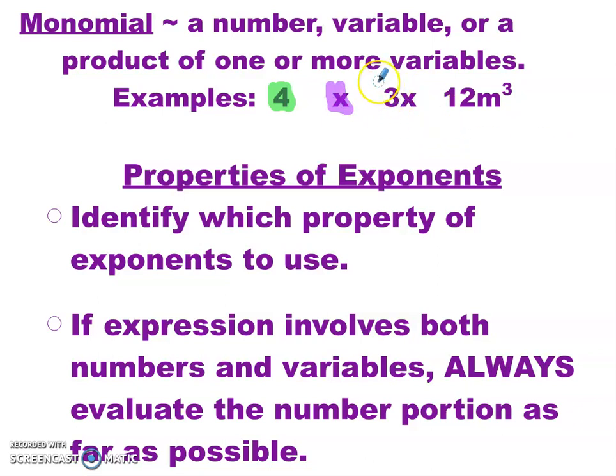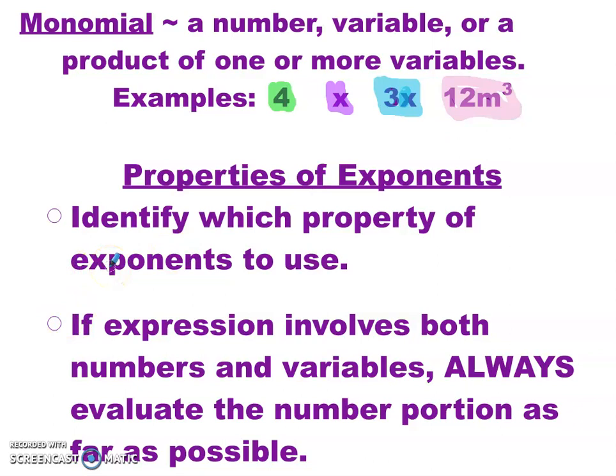Mono means one. This 3x is a product of one or more things. 3 and x, they're right next to each other, so that means multiplying. And then here again, 12m cubed is a monomial.